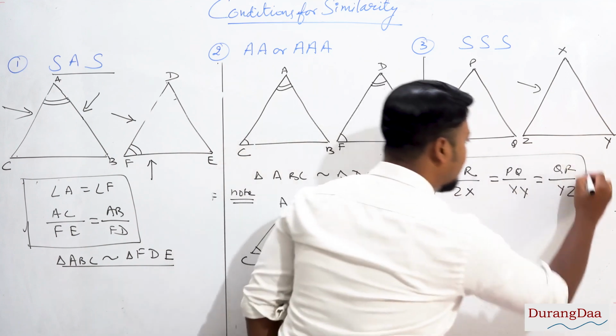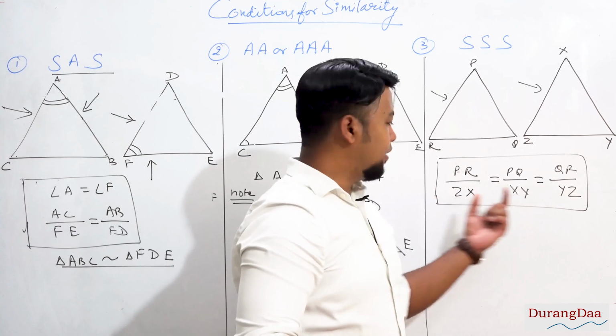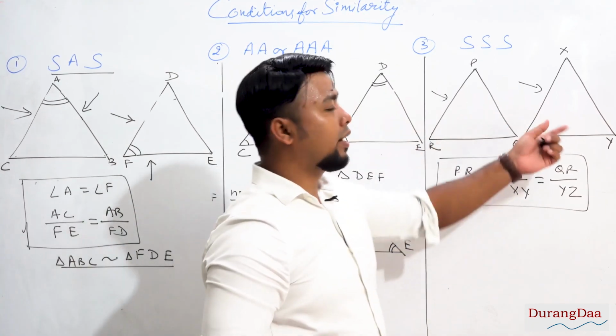As we can see here, the corresponding sides are in ratio. If this ratio has been provided, then it is understood that both the triangles are similar.